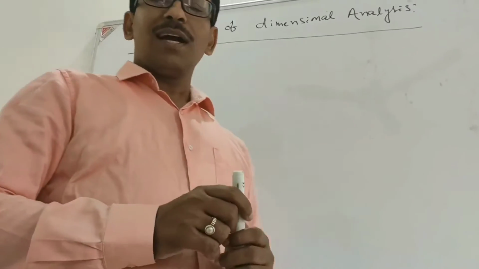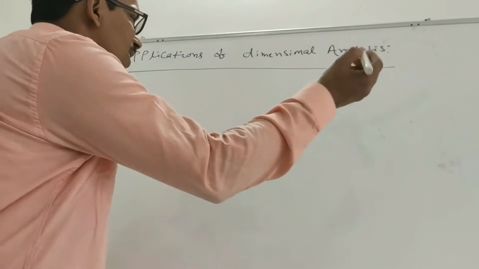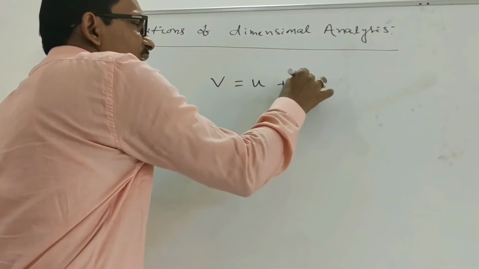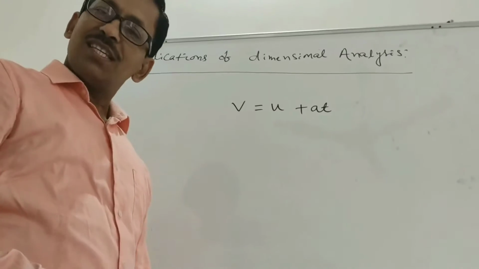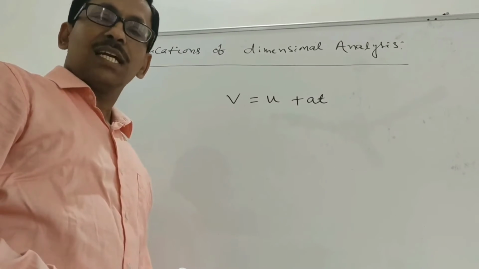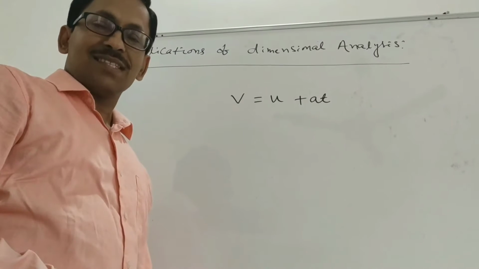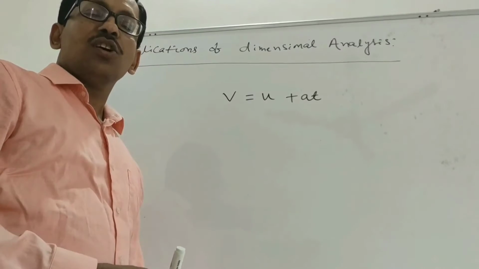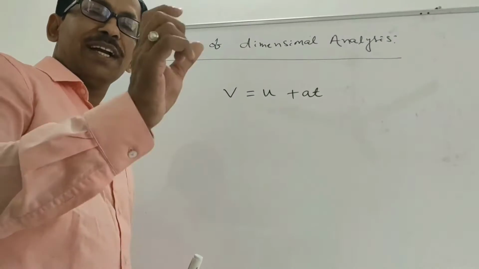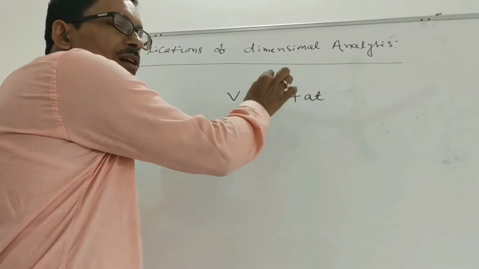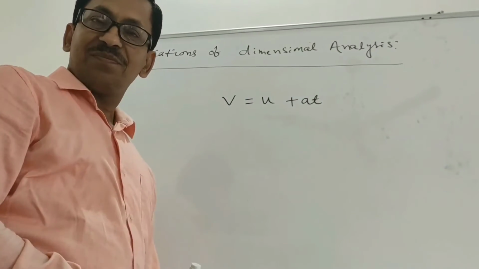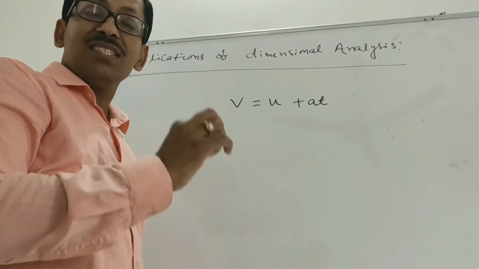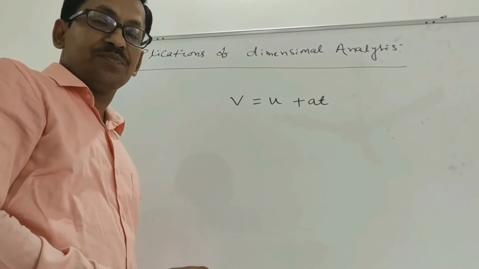For example, suppose an equation is given, V is equal to U plus AT. Whether this formula is dimensionally correct or not, let us see. To check the correctness of the relation, you will find the dimensional formula of each and every term. And if the dimensional formula of all the terms are the same, then it is dimensionally correct.